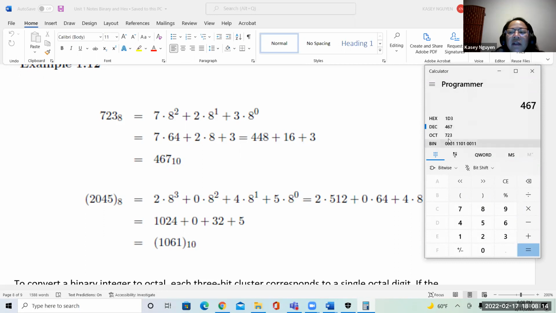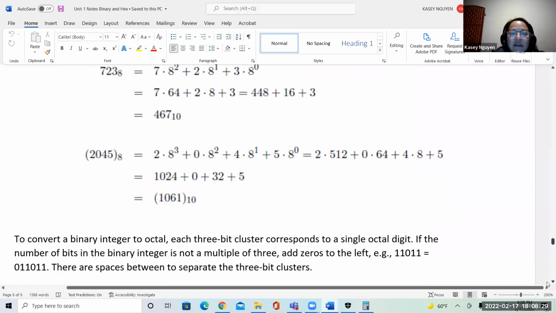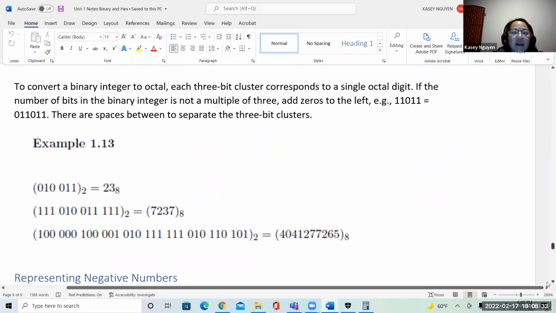So you can definitely use your calculator to verify your answer, but this is how we would manually do that. Okay, any question on octal? Okay. So in CIS-7, I also go over some of the specifics, just like what they do, more exercises in this area.